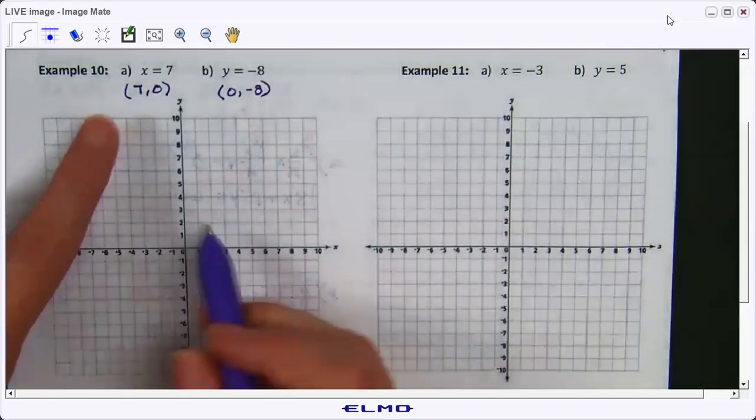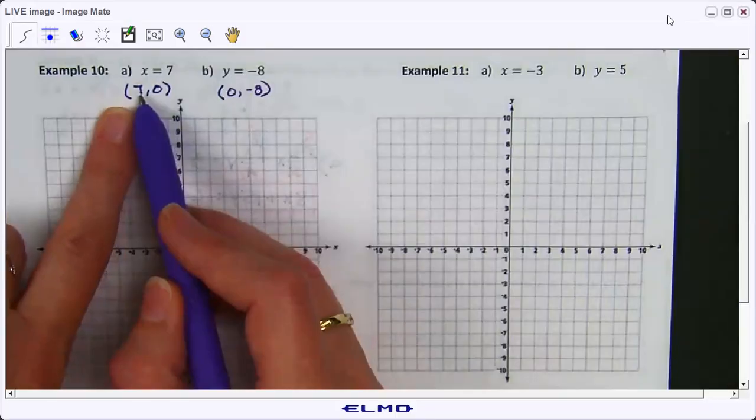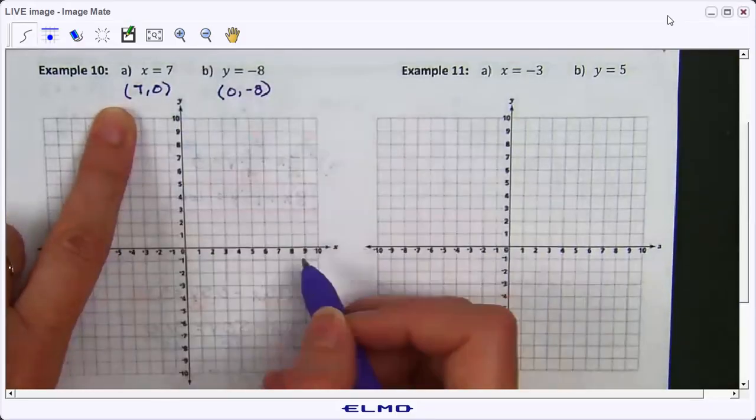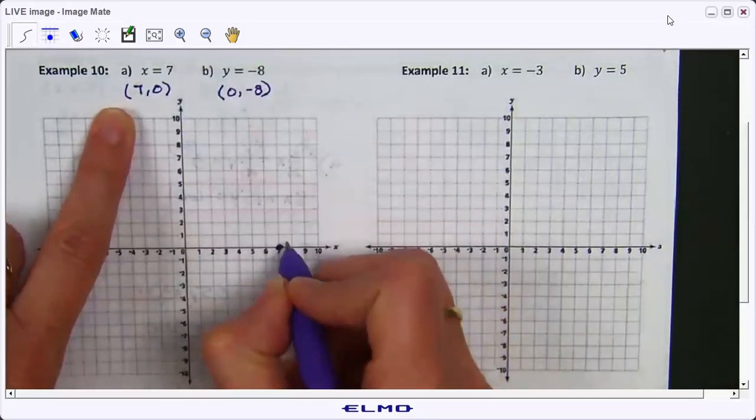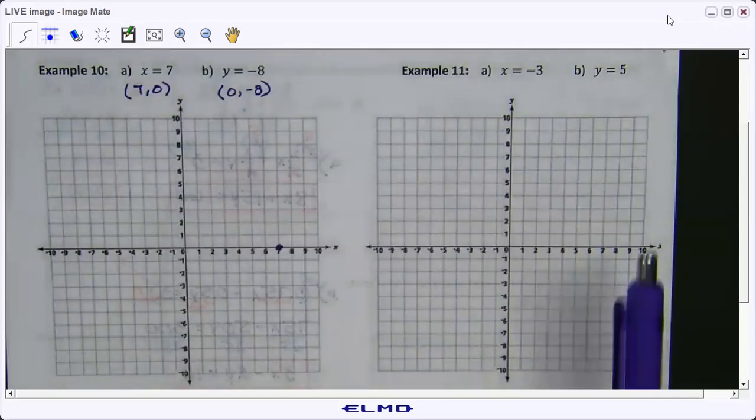So you're going to plot 7, 0 here. The thing is that they're individual equations. Anytime you have an equation that says x equals 7 by itself and you did not find the intercept, you are going to draw a line through the x-axis.